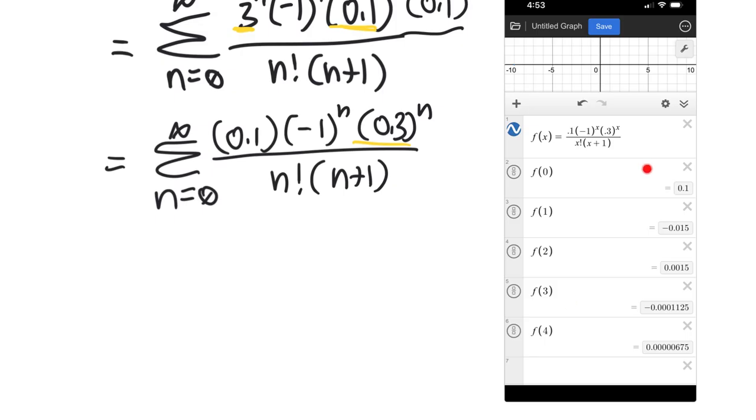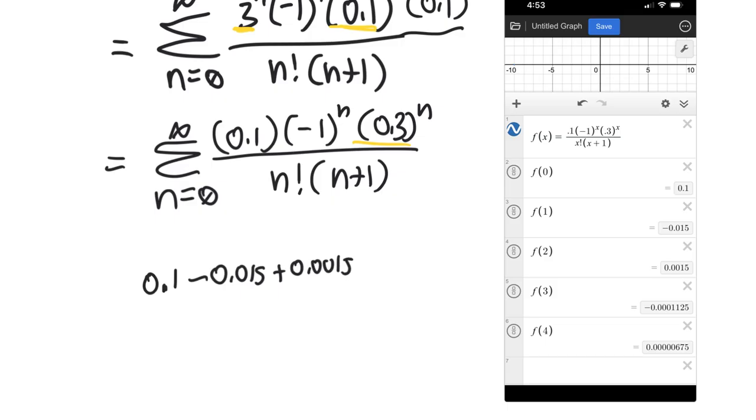So let's take a look here. f of 0 is 0.1. So you could imagine that when n is 0, the first term present in the series is 0.1. The next term is negative 0.015, right? The next term is positive 0.0015.